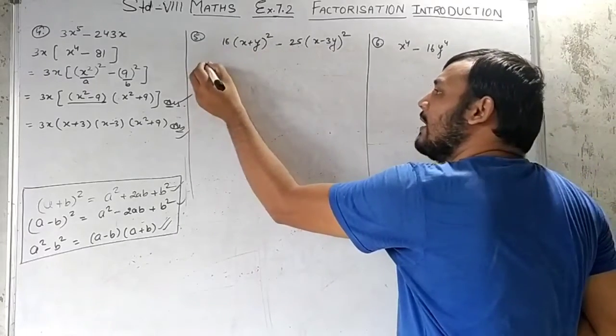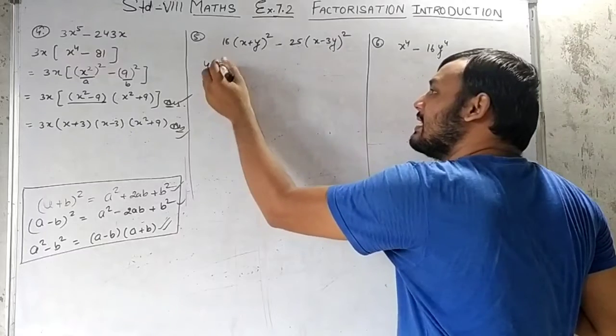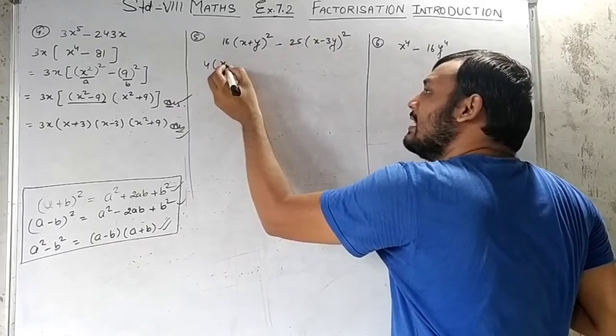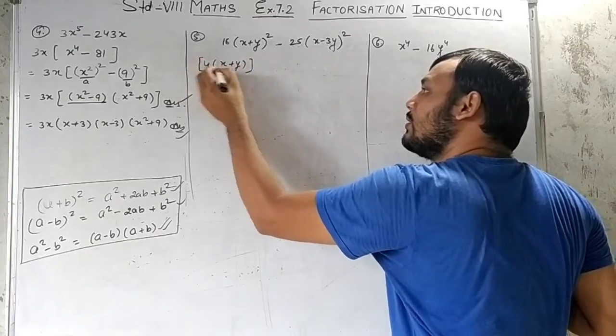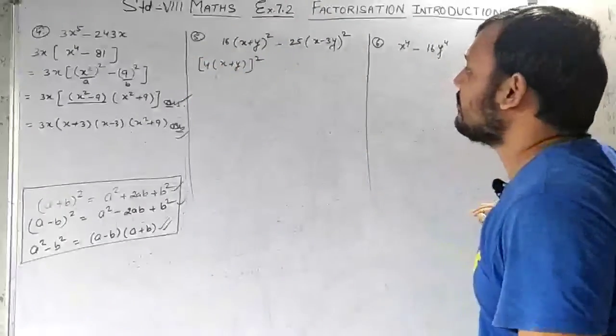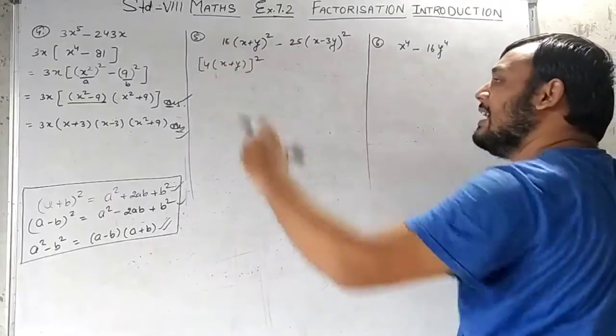Let's have a look. 16 into x plus y whole square, you can write it as 4 into x plus y whole square. This 16 you can write as 4 square.